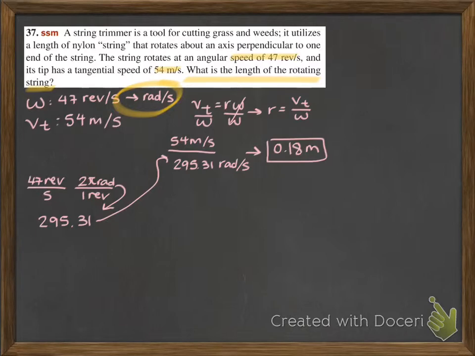You would divide each side by angular velocity to have radius equals tangential velocity over angular velocity. So we would use the tangential velocity, 54 meters per second, divided by our angular velocity in radians, which is 295.31 radians per second, and then we would get 0.18 meters.